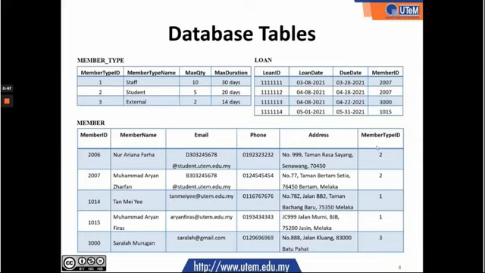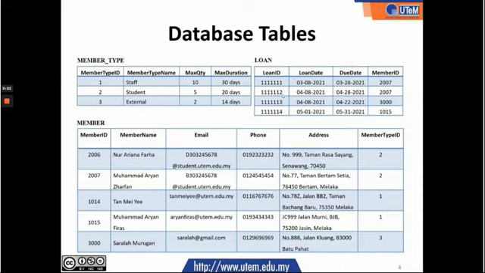Member type ID number 2 are students. Member type ID number 1 are staff. Member type ID 3, external members. Each book loan contains a member ID.